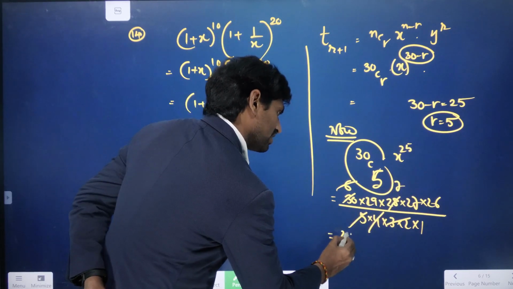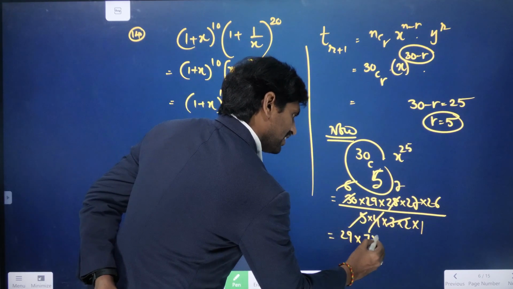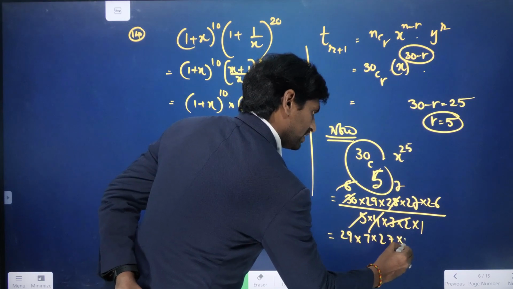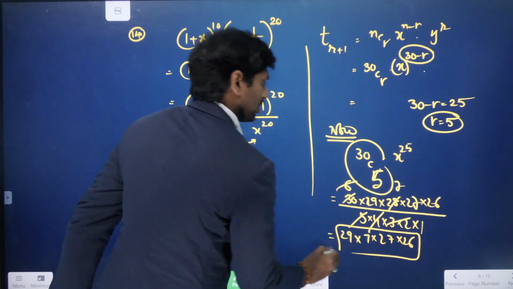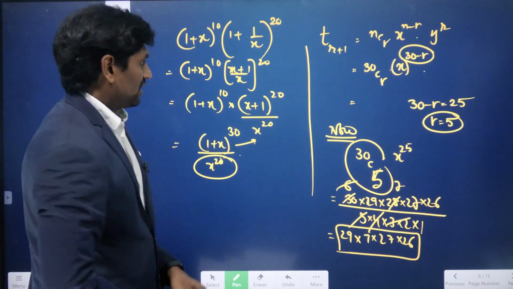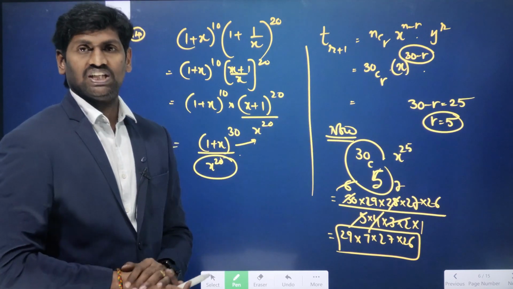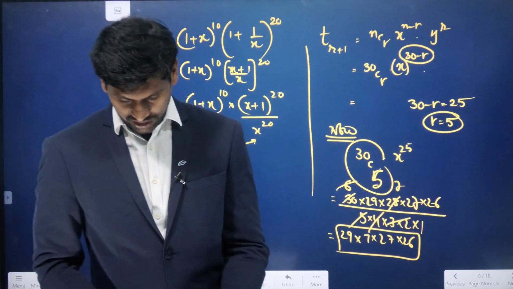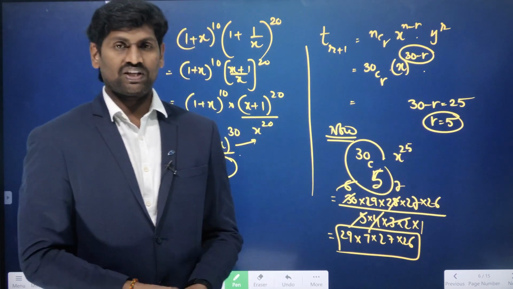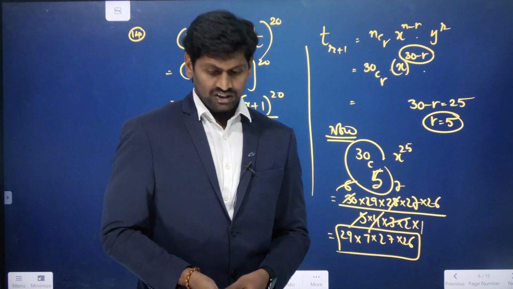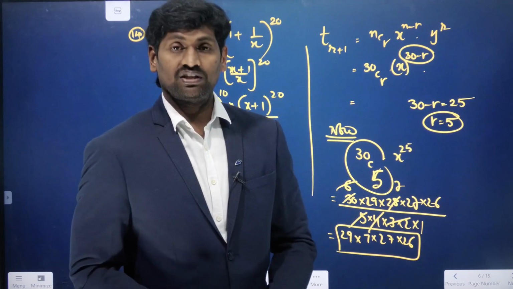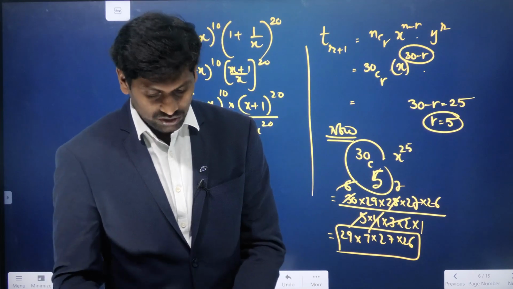Therefore the remaining values are 7 into 27 into 26. You need to multiply all of them and you will get that x power 5 coefficient. Or else you can leave it as 30C5 also. That depends on the question and the options given in your question. Let us go to the next problem.